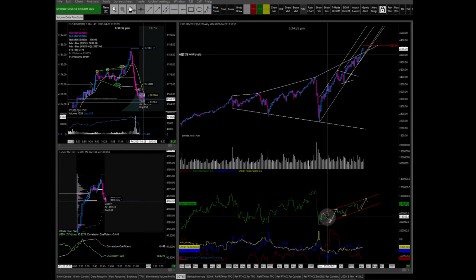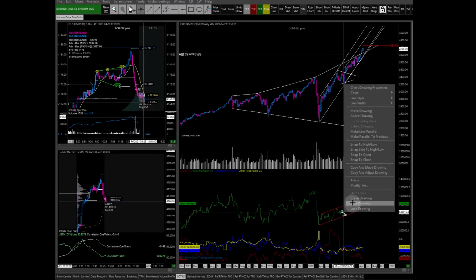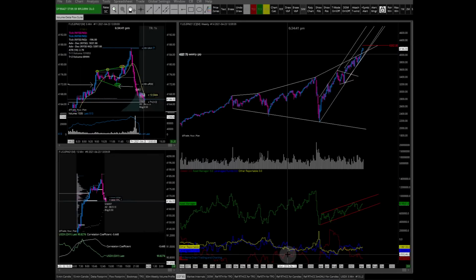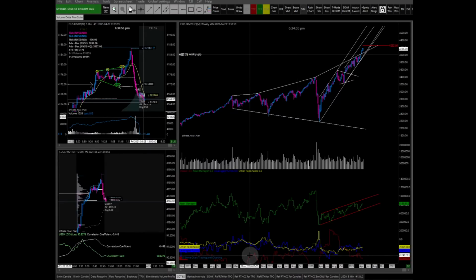Okay, so don't be a hero. I tell people on Discord, don't be a hero and try to step in front of the trend. Just look at what's happened and recognize that right now bears are getting squeezed.